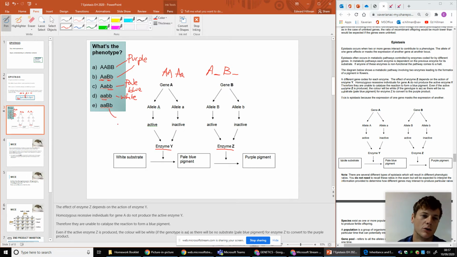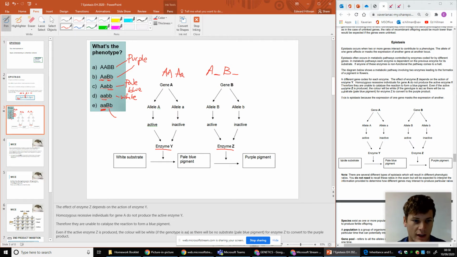And then this last one, you probably worked it out already, but this is sometimes where students trip up. They have homozygous recessive A alleles, so they've produced an inactive form of enzyme Y, or they don't produce enzyme Y at all. So the white substrate is not converted into pale blue pigment.